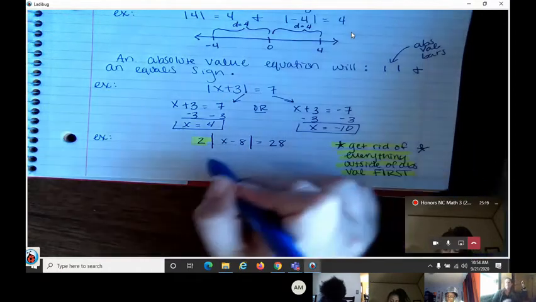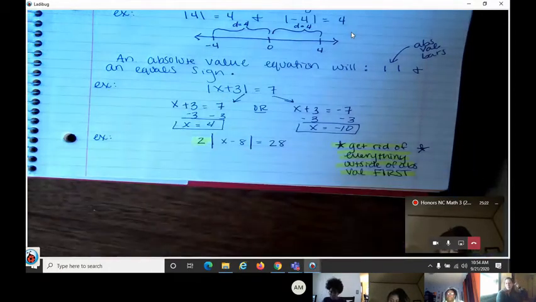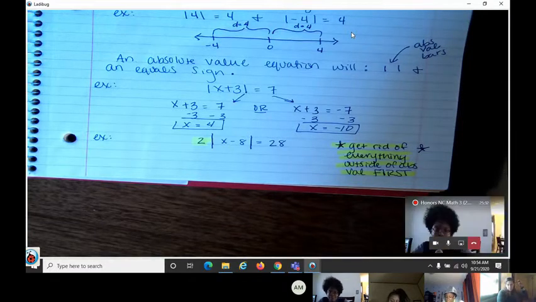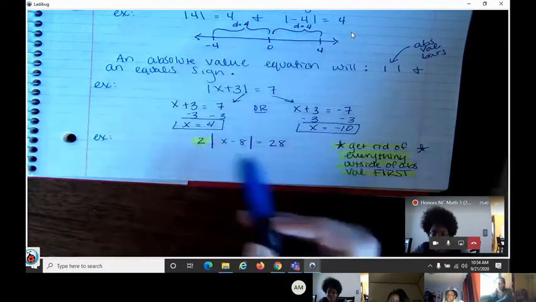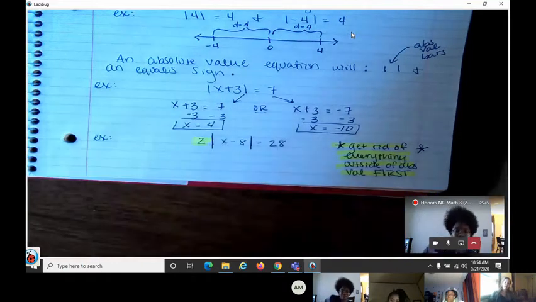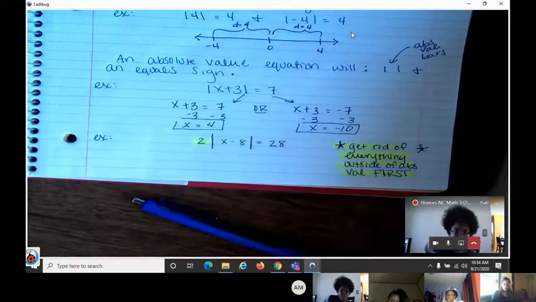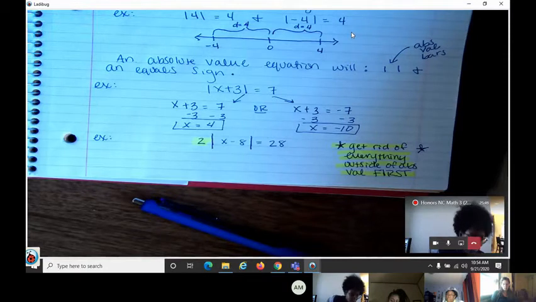Anyways, how are we going to get rid of this 2? Francesca? So what operation is going on between this 2 and the whole absolute value chunk right there? Multiply it?